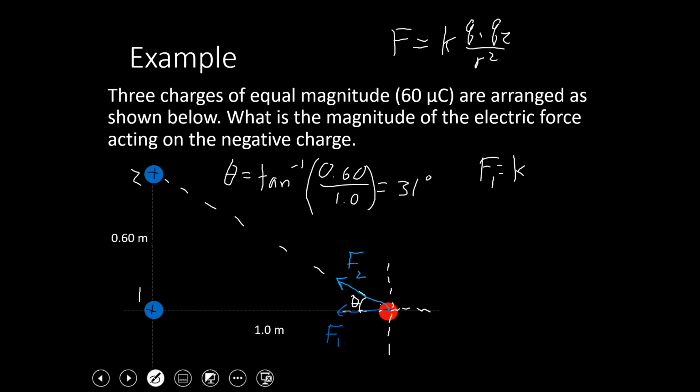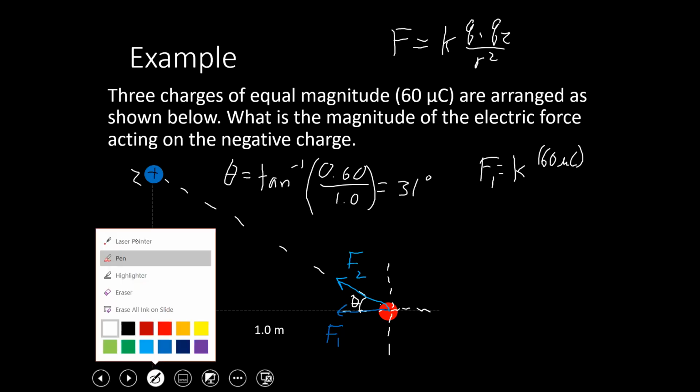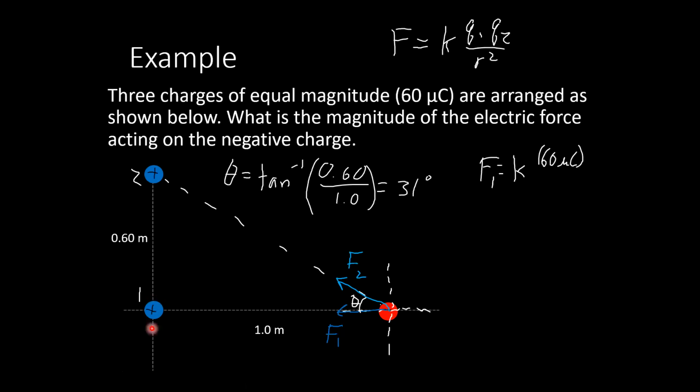Q1 is 60, right? That's what the problem tells me, 60 microcoulombs. Q1 would be this charge down here. Q2 in this example, we're talking about this charge here. Now, I know it's a little confusing with the notation.